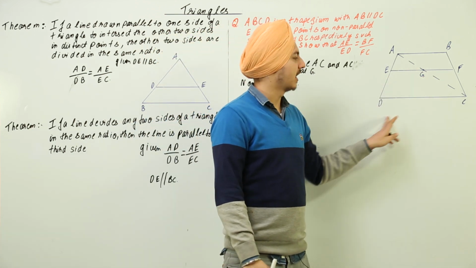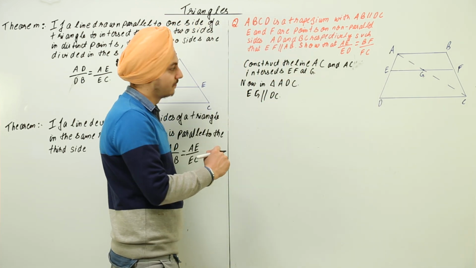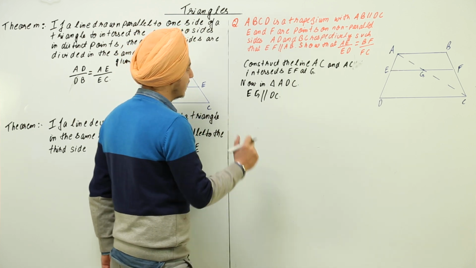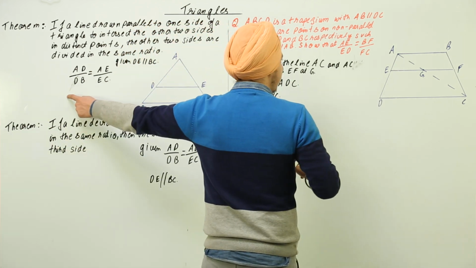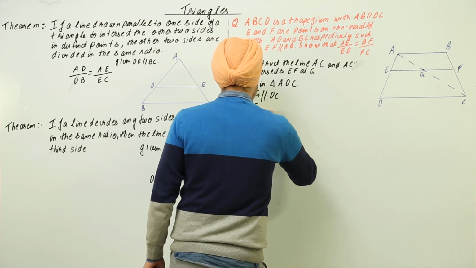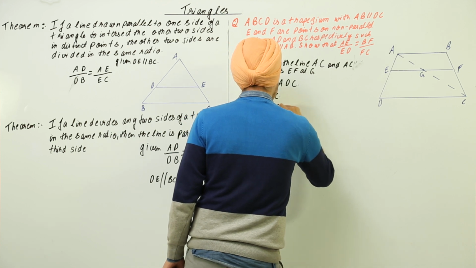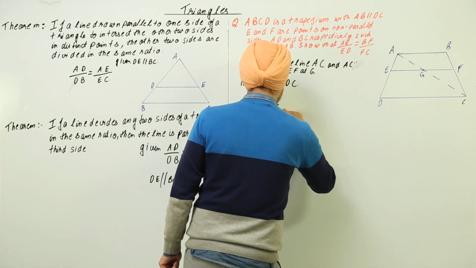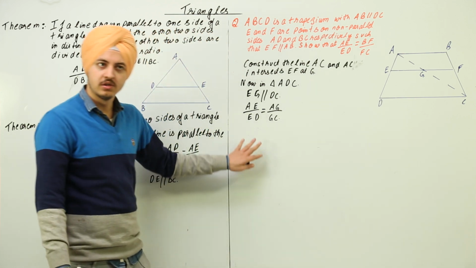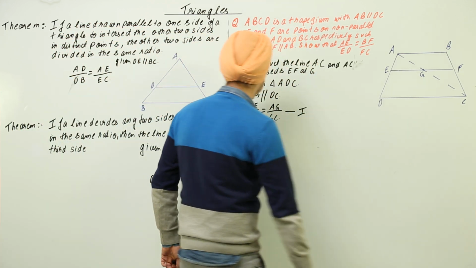Because EF is parallel to DC, right? So EG over here is parallel to DC. Now if EG is parallel to DC, from this theorem what do we get? AE upon ED is equal to AG upon GC. Am I right? Now let's name this as result number 1.